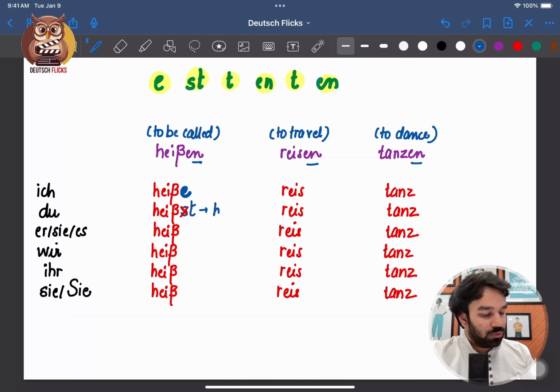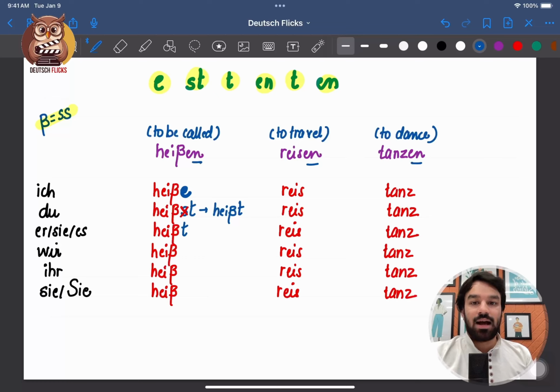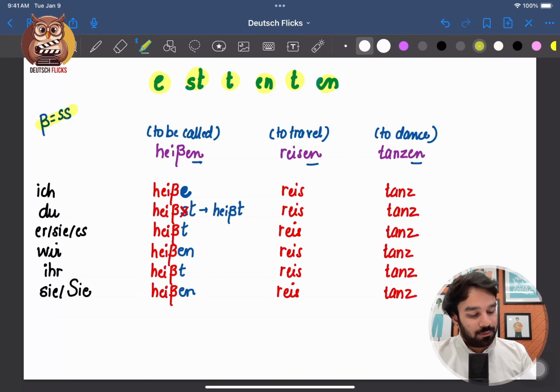So it will be du heißt without any extra s. This spelling already has double s. So this ß is double s in German. Now with er/sie/es we have to add t. Er/sie/es heißt. Wir heißen, ihr heißt, sie heißen. So I think the problem is only with du.